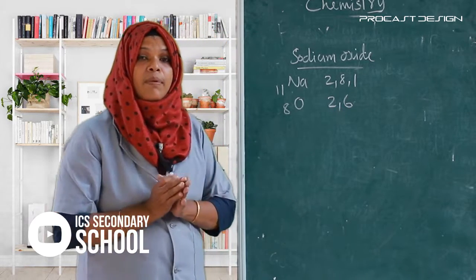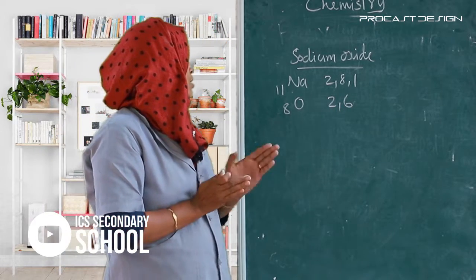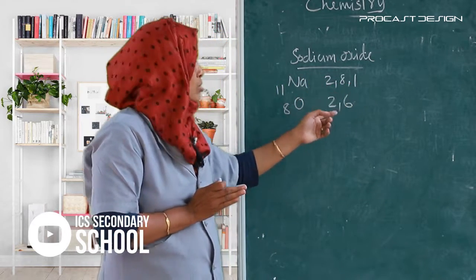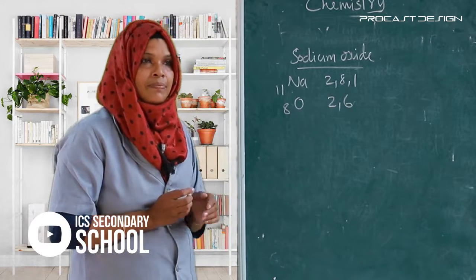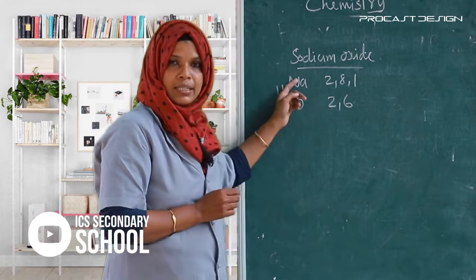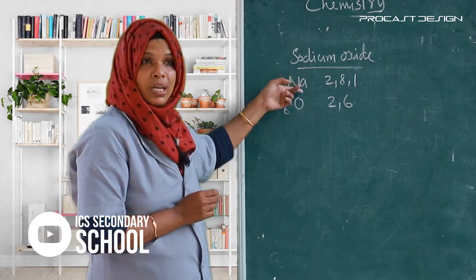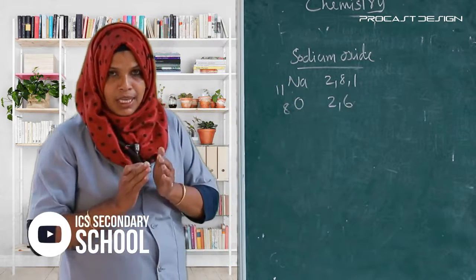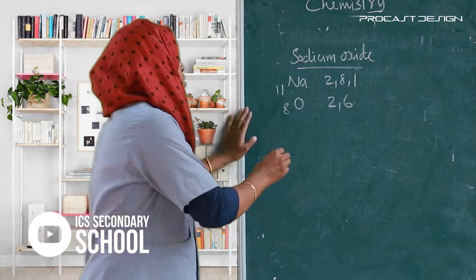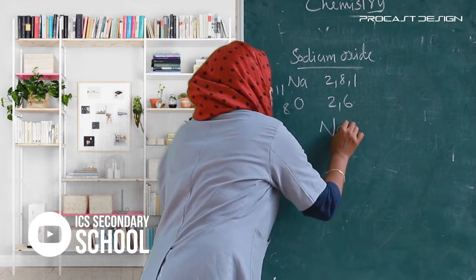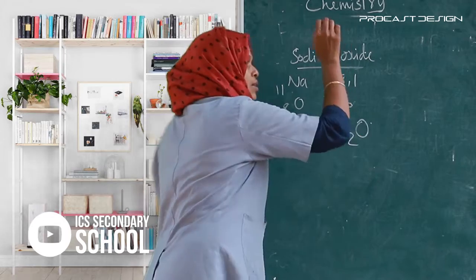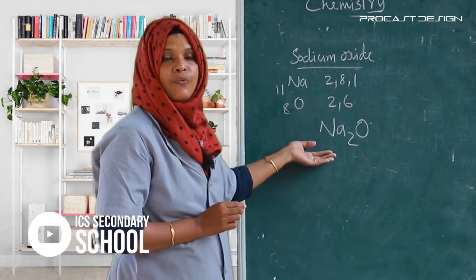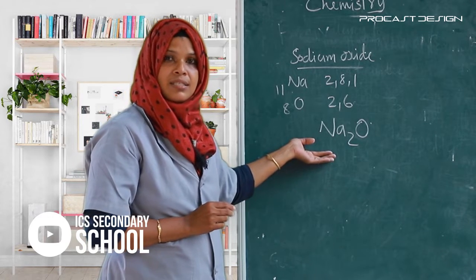How many sodium atoms are needed to donate electrons to the oxygen atom? 2 sodium atoms donate 2 electrons to 1 oxygen atom. This is the chemical formula of sodium oxide, Na2O.